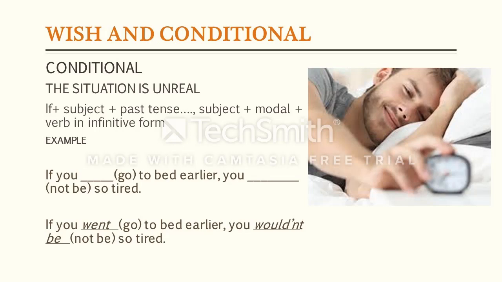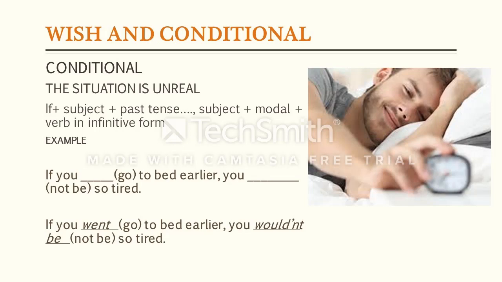So I have if, the subject you, went is the past of go, to bed earlier, then I have the subject you, then the modal verb wouldn't, okay? Because I'm telling you that I need it in negative. Not means negative, so I say wouldn't. Be, that's the verb I'm giving you, so tired. So let's repeat how it would be in the correct form. If you went to bed earlier, you wouldn't be so tired.